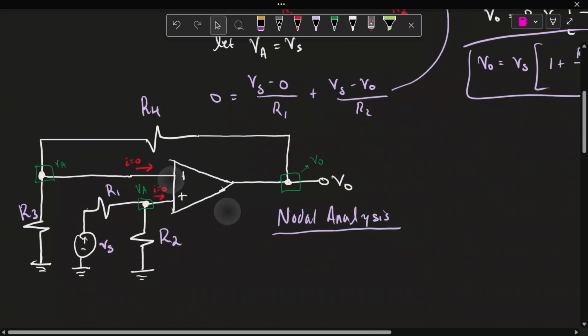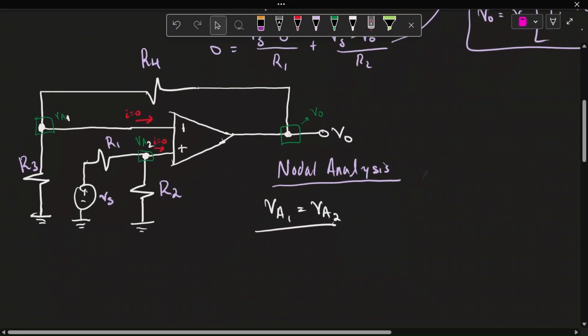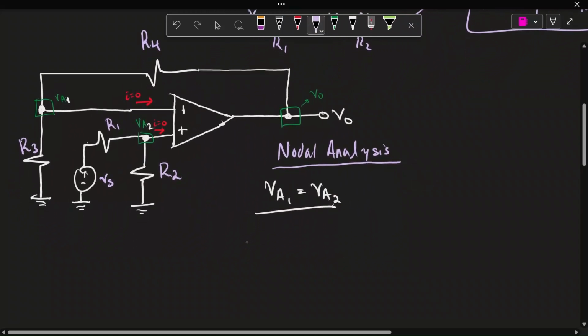So let's make one for, let's say this is VA1 and VA2, and we'll say VA1 is equal to VA2, but I'm just going to make two different sets of equations. So let's start with VA1. Let's go to ground first.